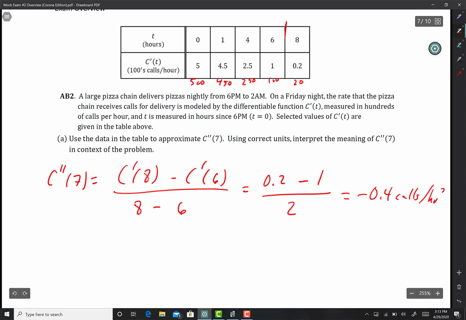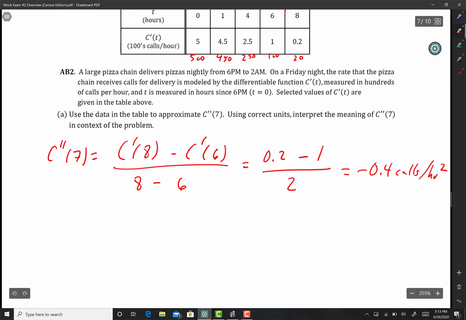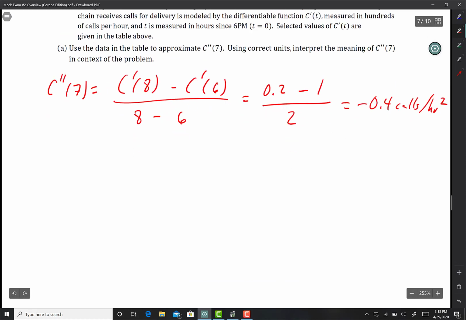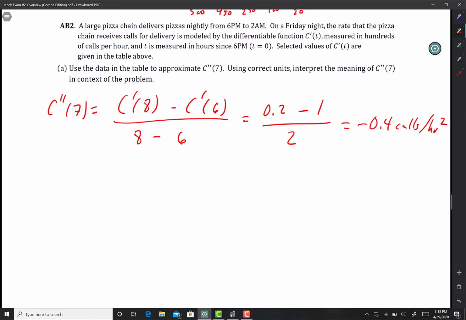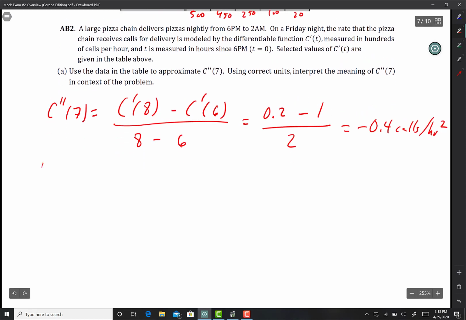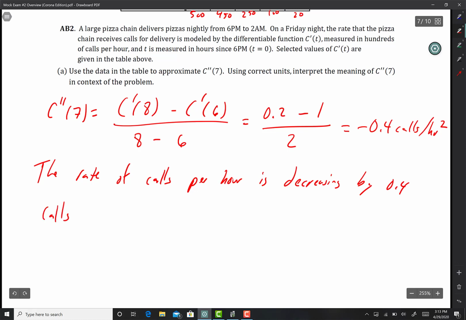Cost per hour squared. Alright, using correct units, interpreting the meaning. So let's see.